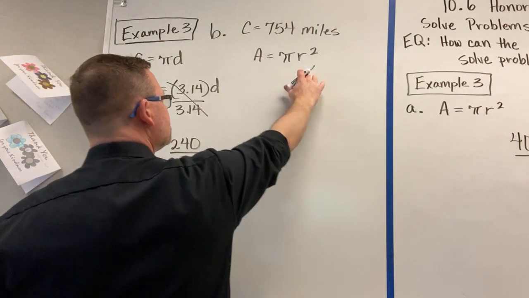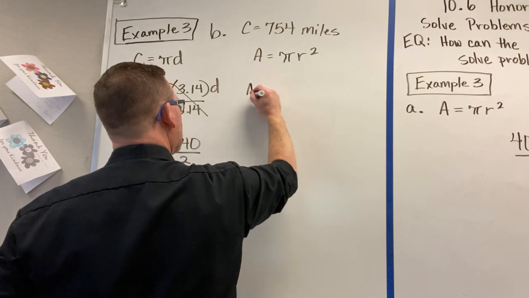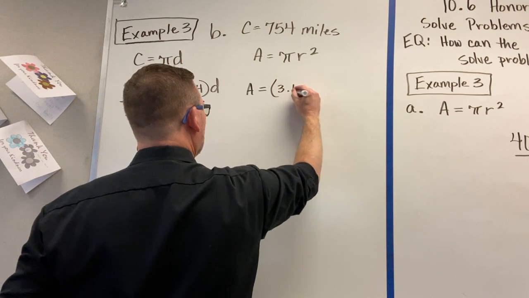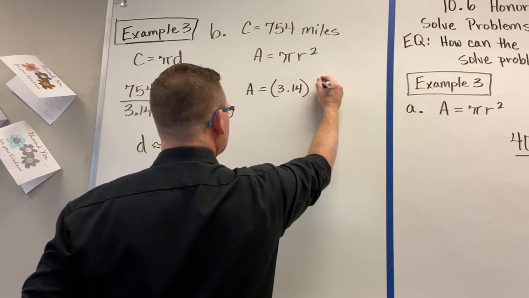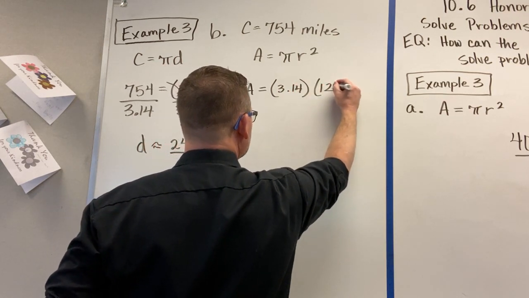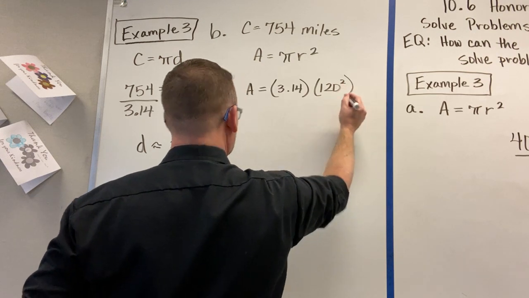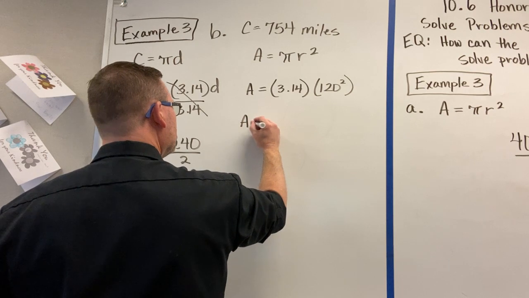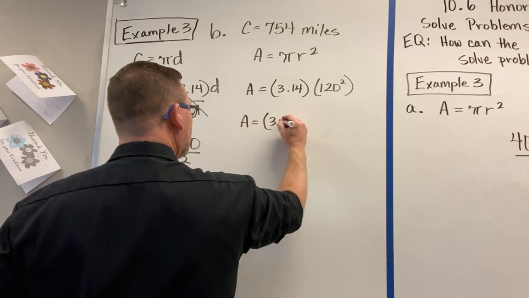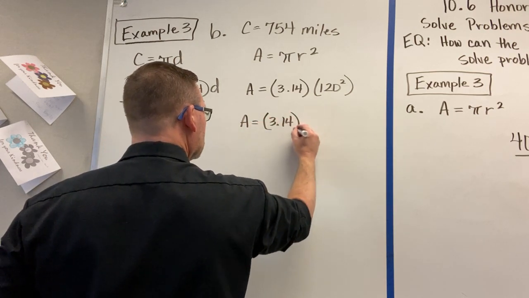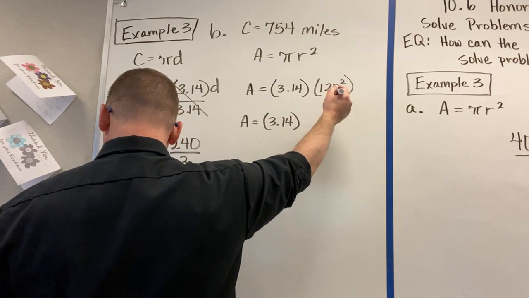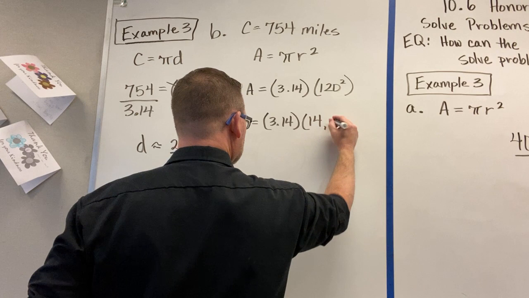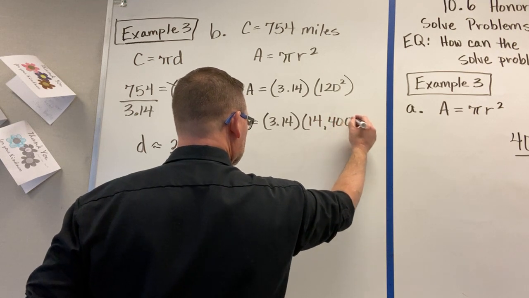Okay, so now I'm going to substitute that in. Area equals 3.14 multiplied by 120 squared. So when I square 120, in other words 120 multiplied by 120, that is 14,400.